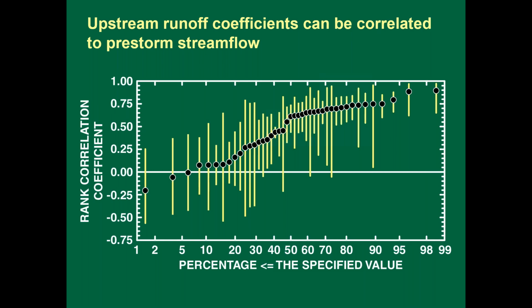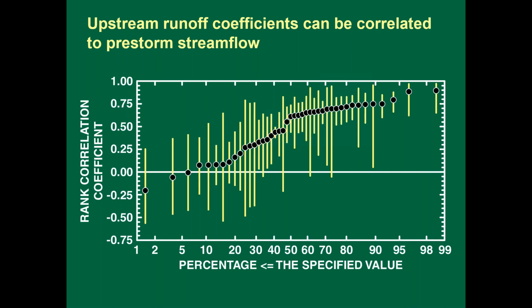The graph is a probability plot showing the percentage of the 43 sites with 7 or more paired base flow and runoff measurements that have non-parametric rank correlation coefficients less than or equal to the specified value. So again, this is a probability scale, and this is the percentage of sites that had these rho values less than the value.